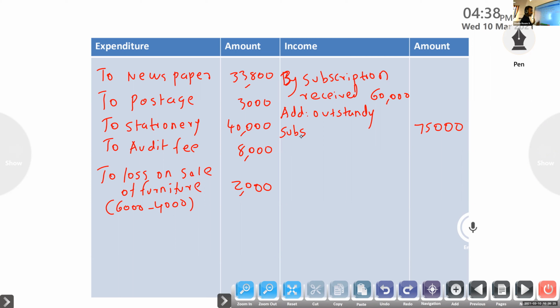The opening balance sheet and the receipt and payment account are both given, so you know it will come only in the closing balance sheet. Outstanding subscription at the end, 15,000. Now subscription received in advance will come in the closing balance sheet. Next one, sale of newspaper.